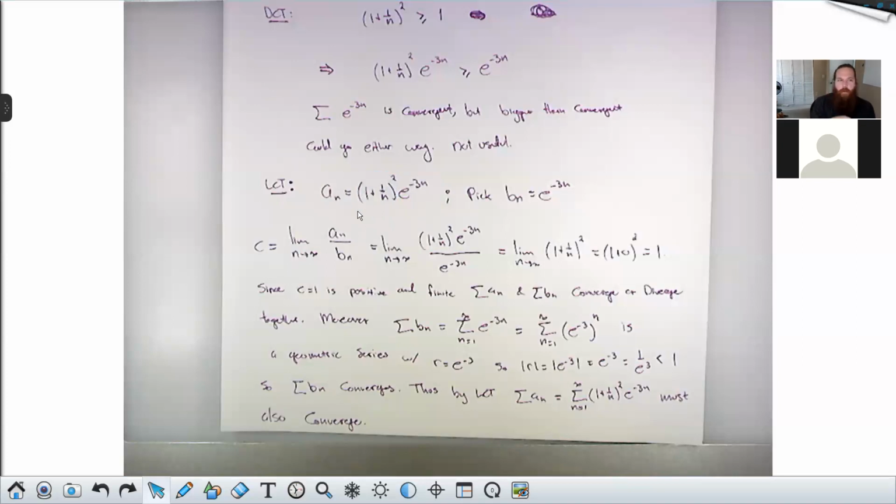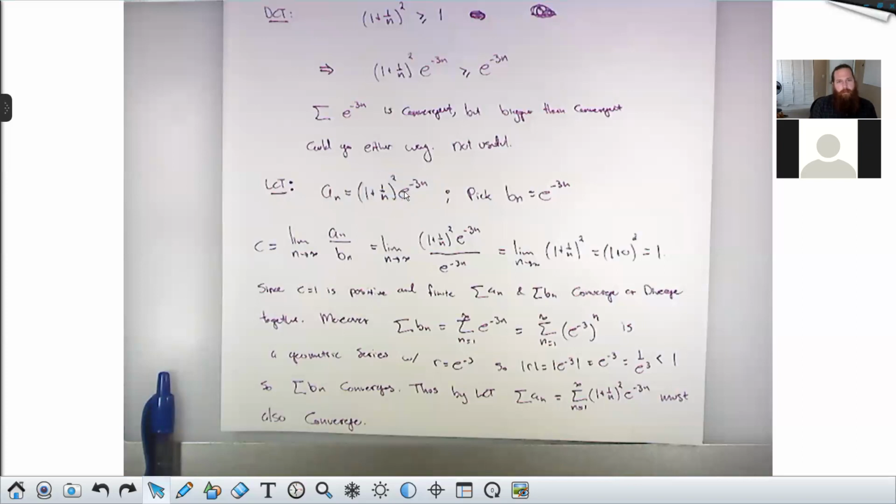So remember when you were finding horizontal asymptotes in Calc 1, or when we were looking at limits of sequences back in section 11.1, you had to identify what piece is growing fastest, or what piece is the most important for that sequence or for that function. Here, this is the important piece, because this piece doesn't really contribute much.